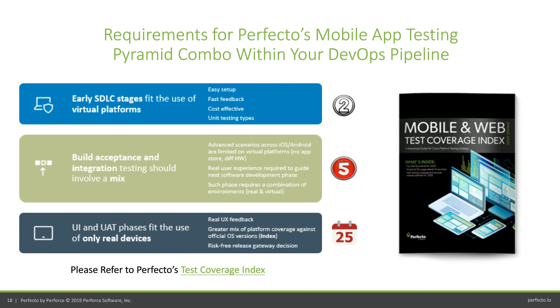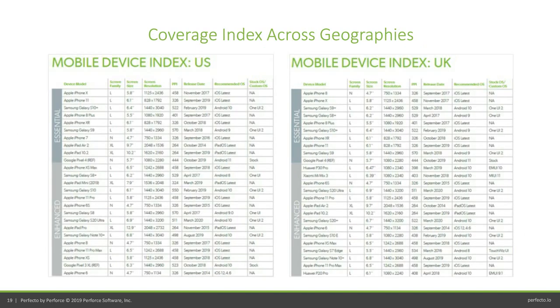We're covering over 10 different geographies, so if you're supporting different geographies, different regions like the US and the UK, in this example, you will be getting the real device recommendations with the operating system as well as the different custom operating system version.